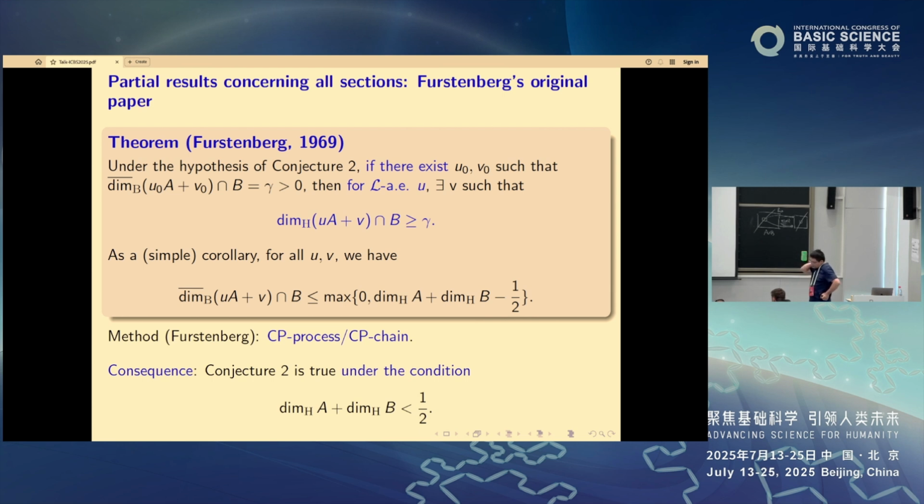Even if you start with just one point, you still get Lebesgue measure, because the slope of the slice is controlled by this irrational rotation.